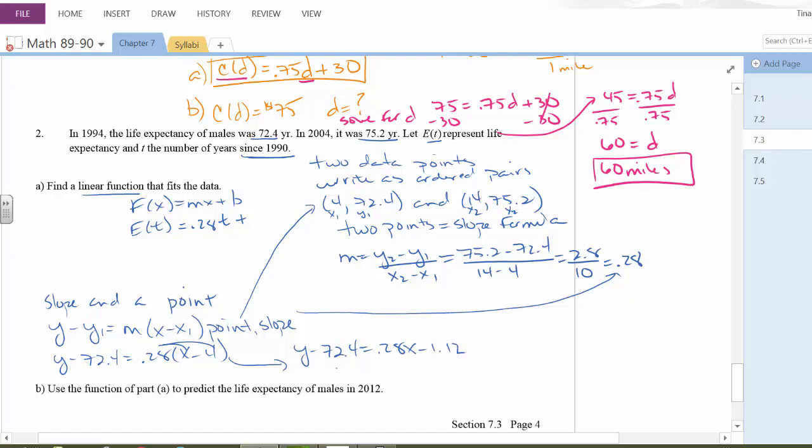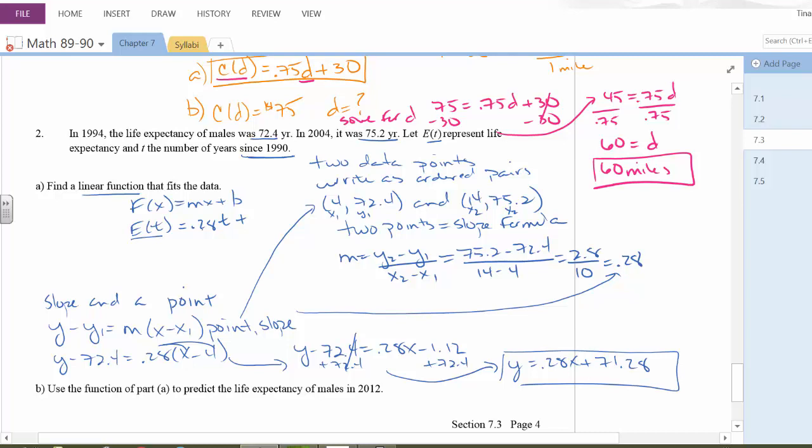And then to get into slope-intercept form, I'm going to add the 72.4 to both sides. And so I end up with y equals 0.28x plus 71.28. Well, now that would be right if I were using y and x, but we are up here with the e of t function, so I have the 0.28x.